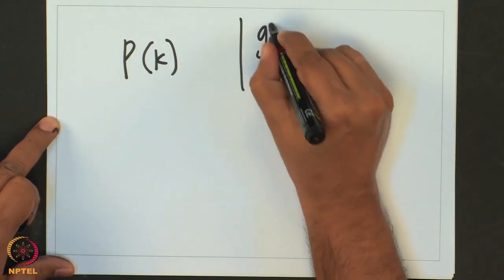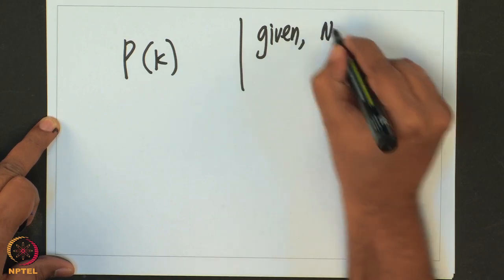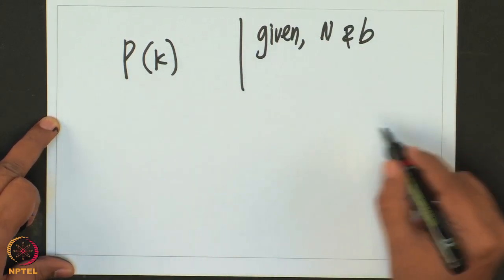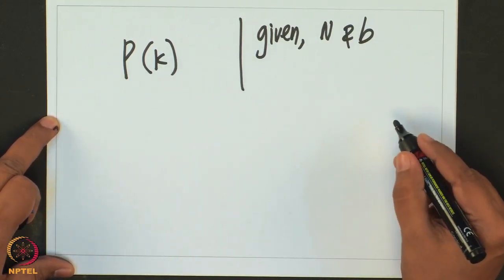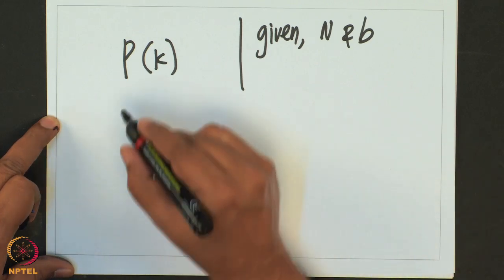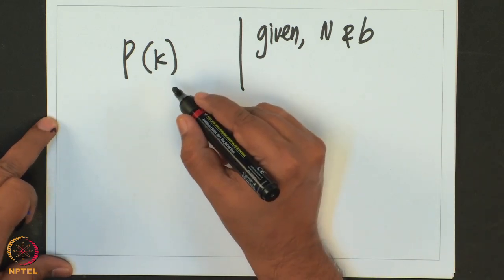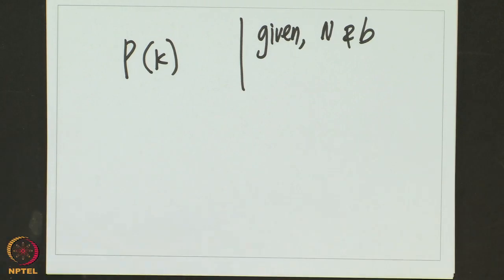So given n and b, we have p of k. Now, what is the mean value of k? So you do this experiment, let us say you do 10 tossings, many times, and you would ask what is the average number of heads I got?